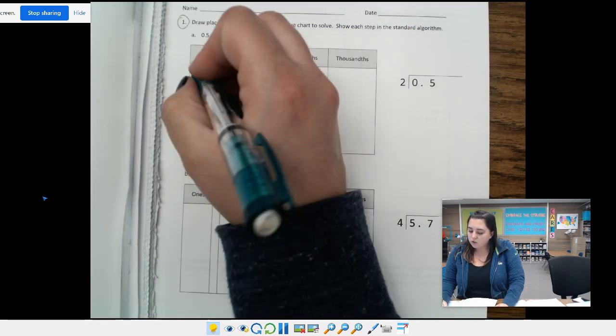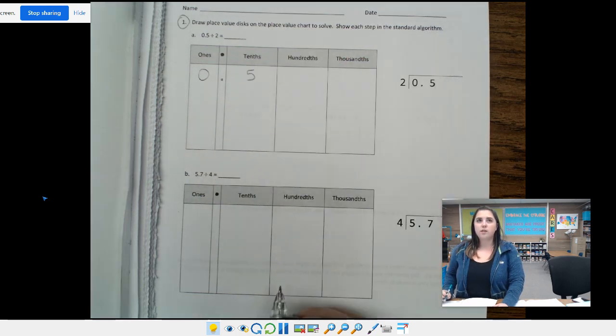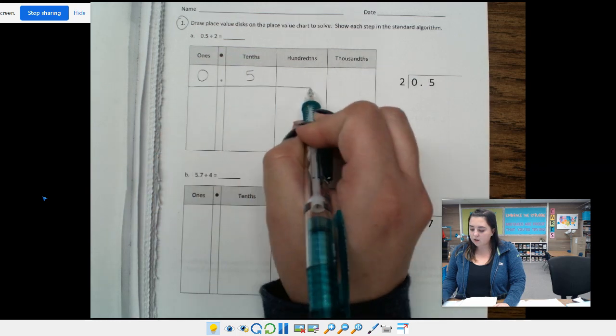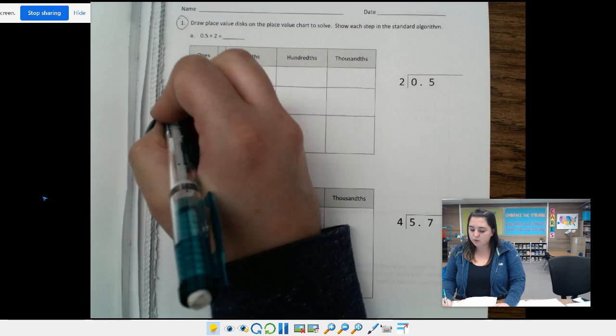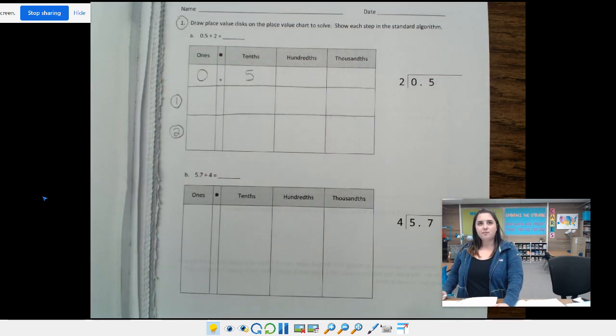Question 1, you're starting with 0, decimal, 5. And we have to divide it into 2. So I'm going to draw a line underneath it. And then I'm going to make 2 groups. So here's group 1. Here's group 2. Okay?